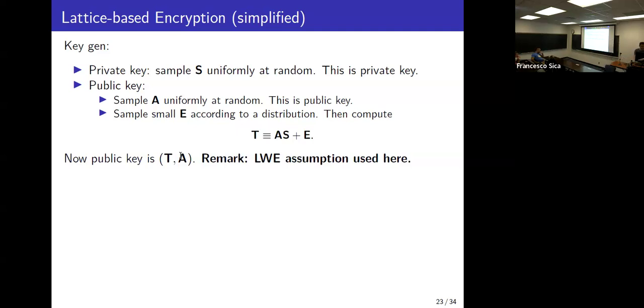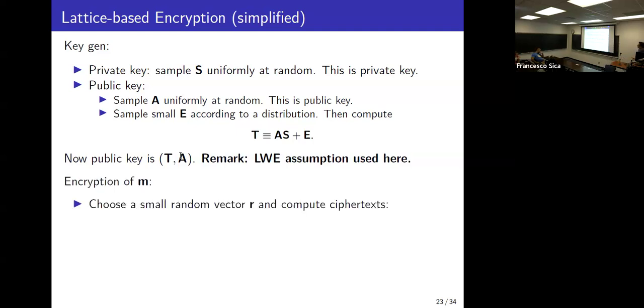This makes sure it's secure. Okay, now I want to encrypt some message M, which I assume is a small vector, small in the sense that its infinity norm is small. For example, it can be a binary vector. To start with, I'm going to choose a small random vector R. And I will compute the ciphertext, which consists of two parts.